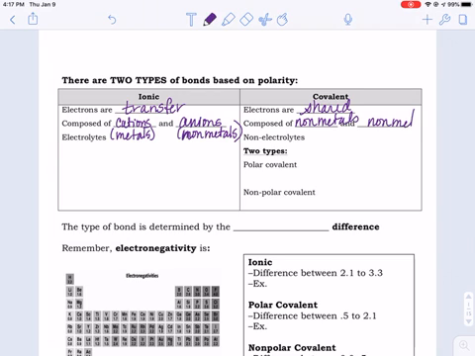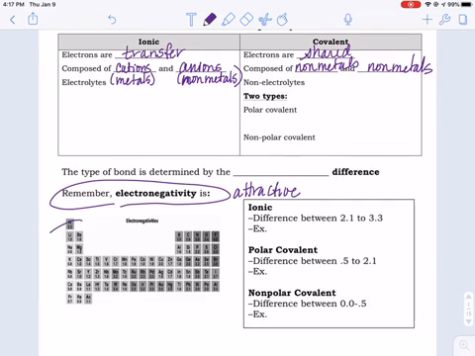Now let's talk about what this means with electronegativity. Electronegativity is attractiveness. If I have a metal and a nonmetal that are together, the metal has a very low electronegativity.